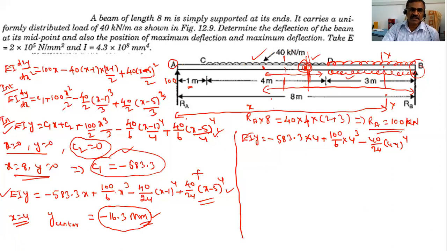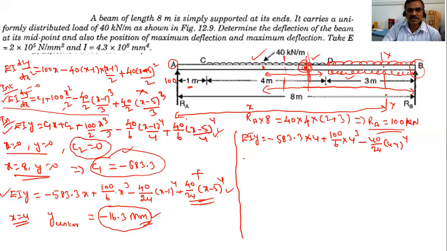If you take axis here, then you should not take this term. So in the slope equation, you don't take this term. And in this equation, you substitute dy by dx equal to 0, because at the maximum deflection, dy by dx is equal to 0. So this is the equation you have to use for this, right?